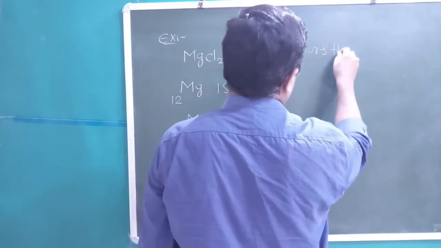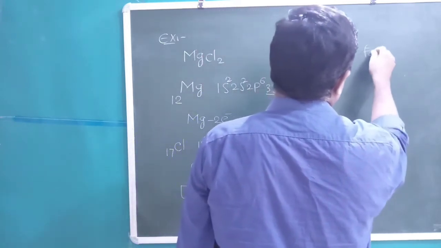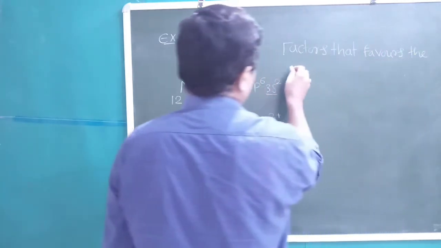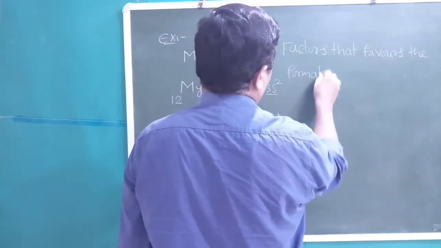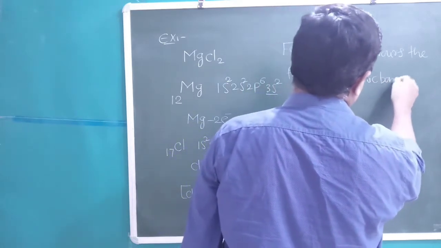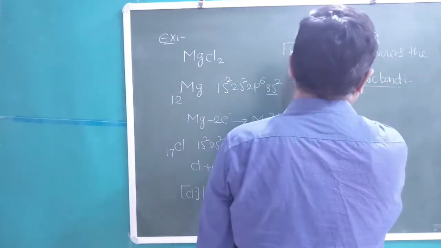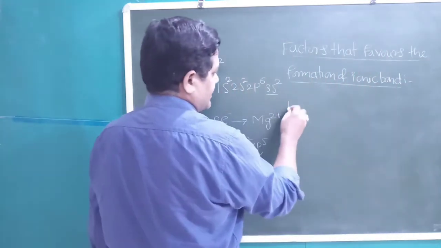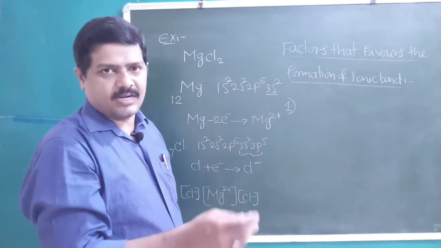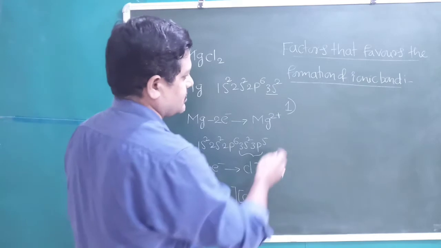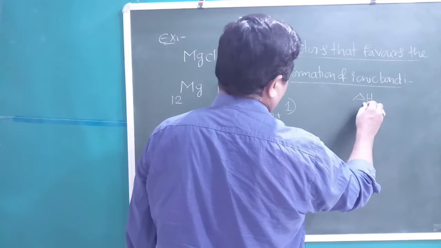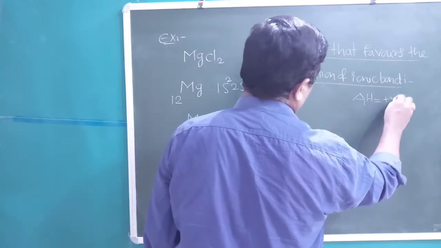Factors that favor the formation of ionic bond. First thing required is that the metal should easily convert into the metal cation. Generally we know ionization enthalpy, delta Hi, is endothermic, which has a positive sign.